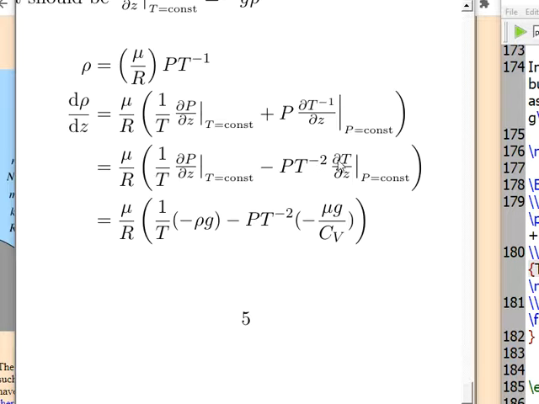And then what I need to do here, I feel pretty confident on this part that del p del z, where T is constant, is negative rho g. But what I want to do is go through my reasoning over here, del T del z. I want to make sure that the concept that I'm thinking of is consistent with the pressure being constant.